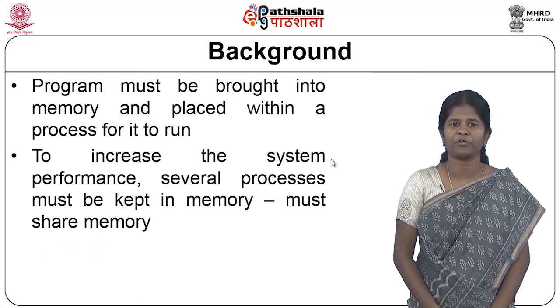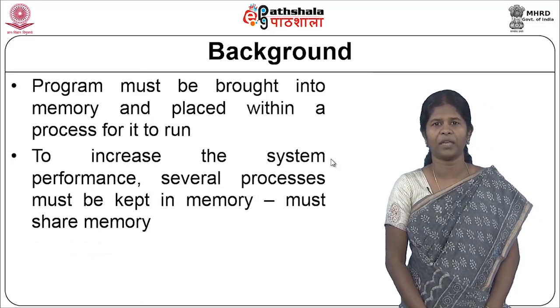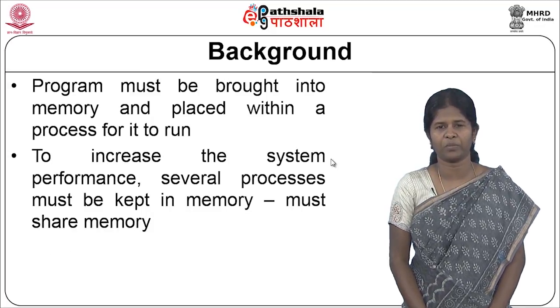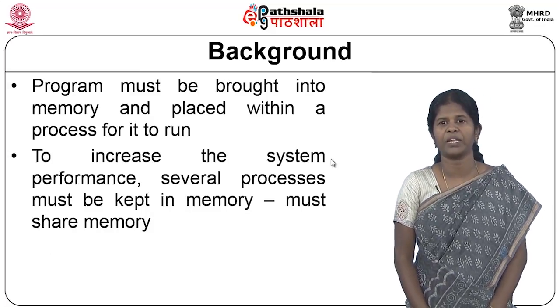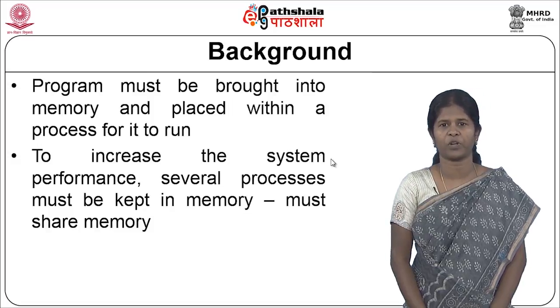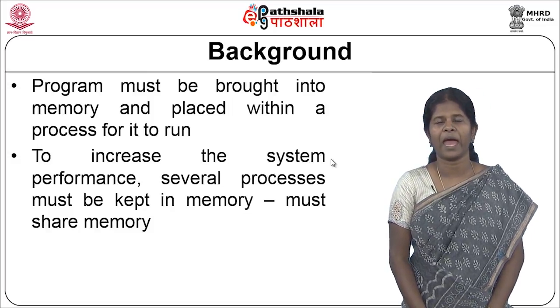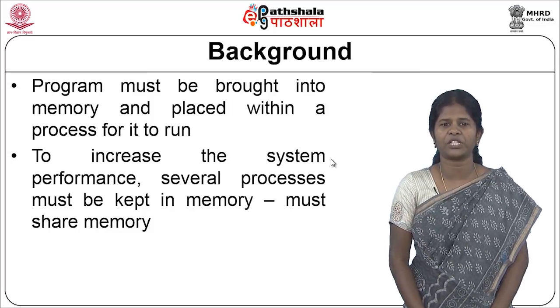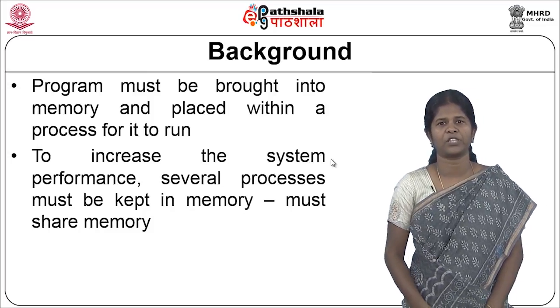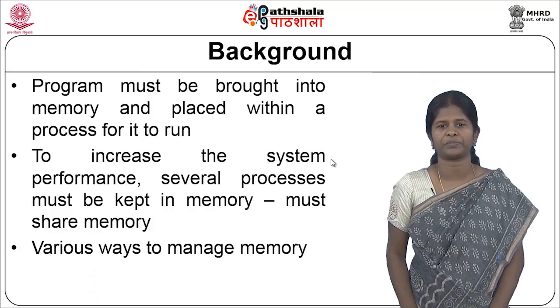To increase system performance, you can keep many processes in the main memory. If the main memory is large enough to accommodate more processes, then many processes can be kept in the main memory, and the main memory space will be shared by the different processes that are placed.